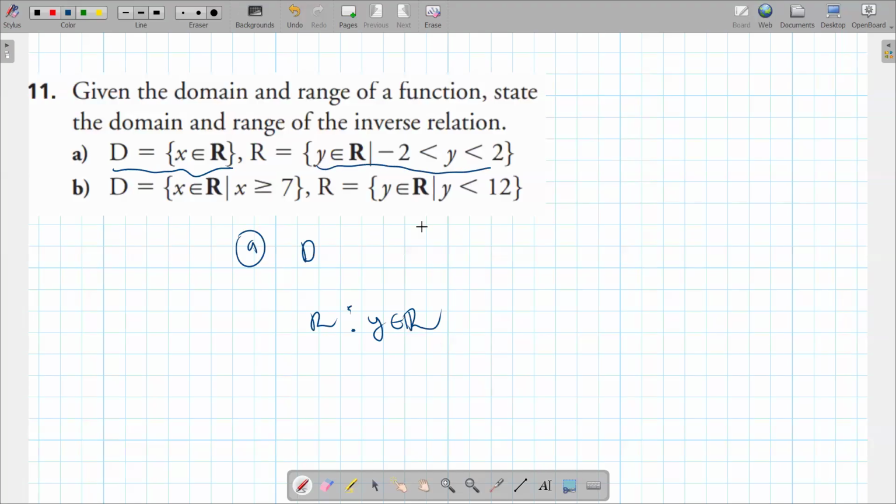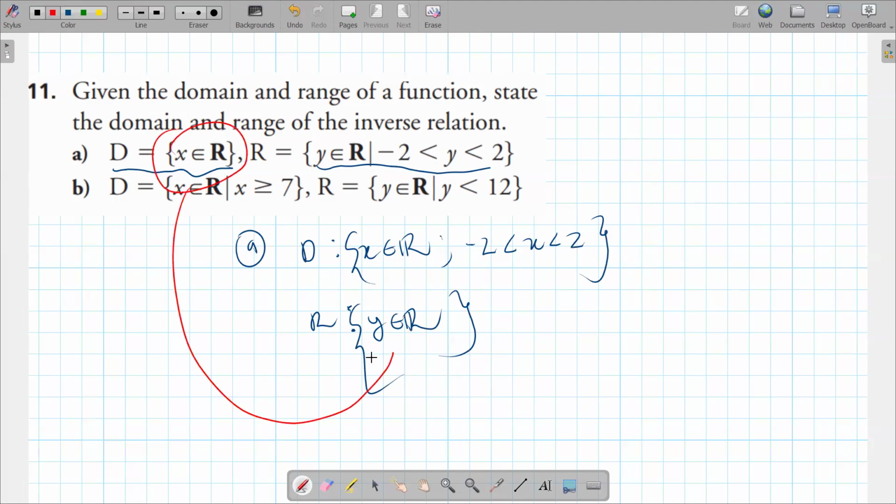And this range will become x in R. Y becomes X, X becomes Y, right? And then -2 is less than x, less than 2. There you go. That's the answer. The domain becomes the range, and the range becomes the domain. And obviously, you're going to switch x and y accordingly.